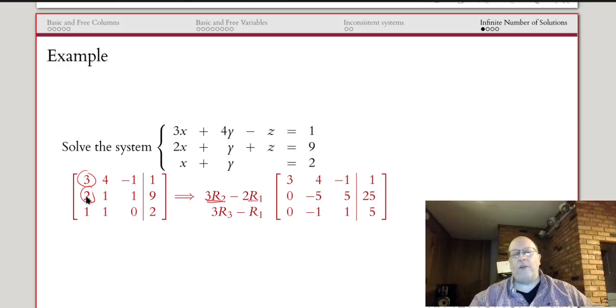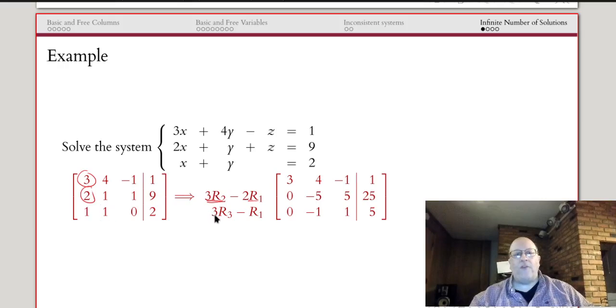So 2 times 3 is 6, 3 times 2 is 6, 6 minus 6 is 0. 3 times 1 is 3, 2 times 4 is 8, 3 minus 8 is negative 5. 3 times 1 is 3, 2 times negative 1 is negative 2, 3 minus negative 2 is 5. 3 times 9 is 27, 2 times 1 is 2, 27 minus 2 is 25.